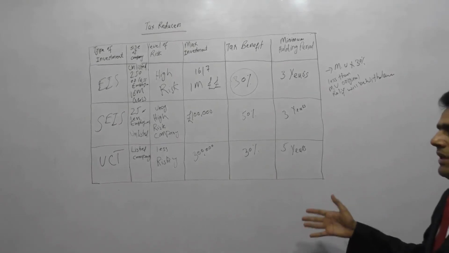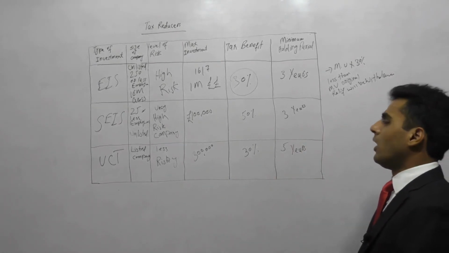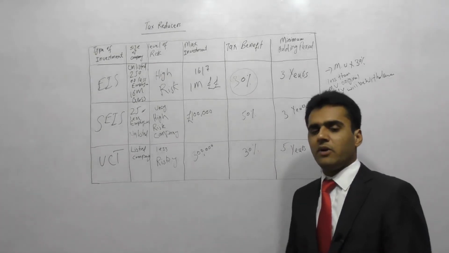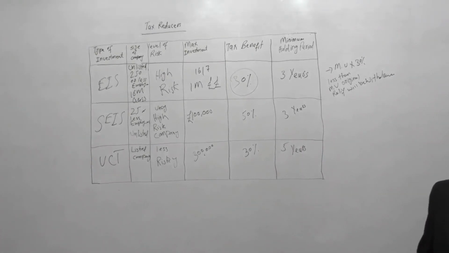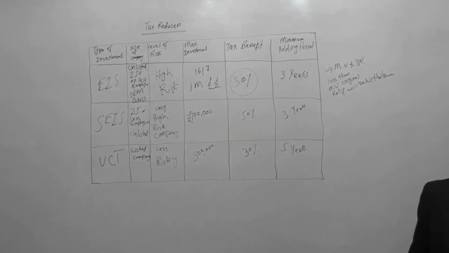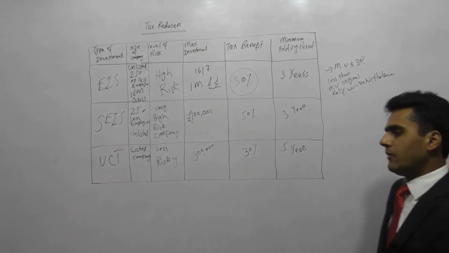It depends on at what price you are selling. If you are selling at market price, then 30% of market price. If you're selling at less than market price, then all of the relief will be withdrawn.